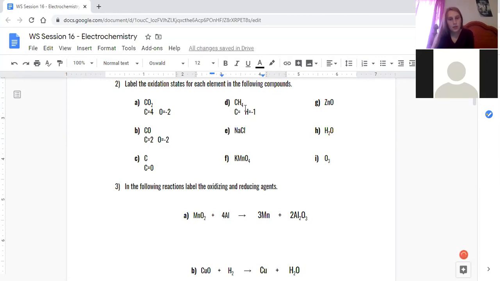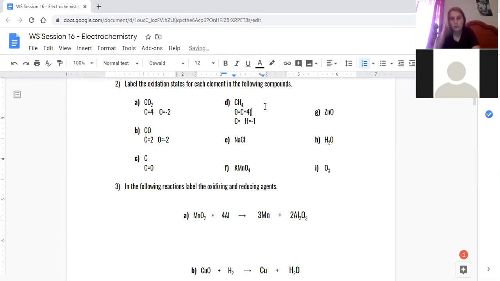So just like before, our overall charge is going to be 0 because they didn't list a charge. We don't know carbon yet, but we know that hydrogen is -1, but there's 4 of them. So we're going to have 4 times -1.